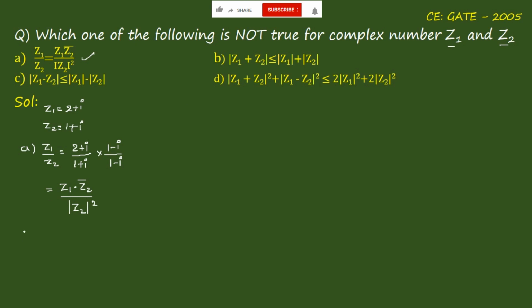Now coming to option B, it is given as mod of (z1 + z2).